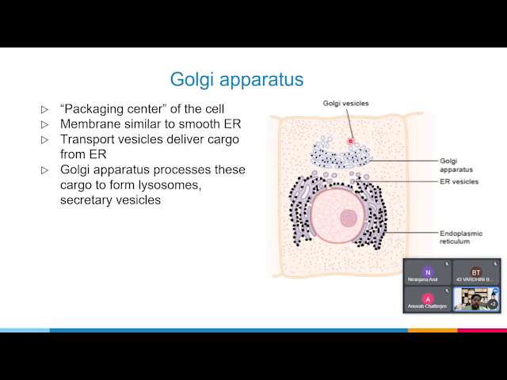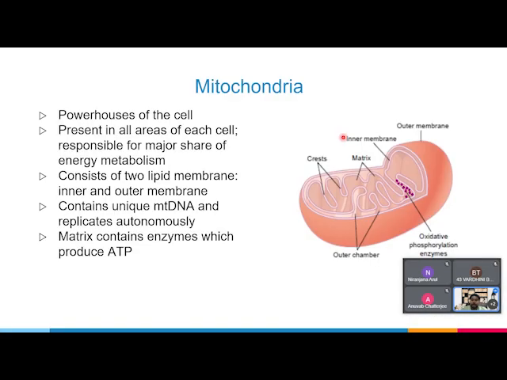Once it is synthesized here, it will attach to an actin cytoskeleton fiber and be transported via the carrier proteins, essentially taking a bus or a train towards its final location. So that was the Golgi apparatus.